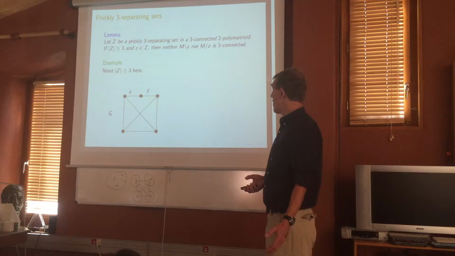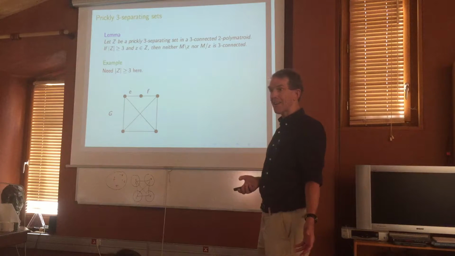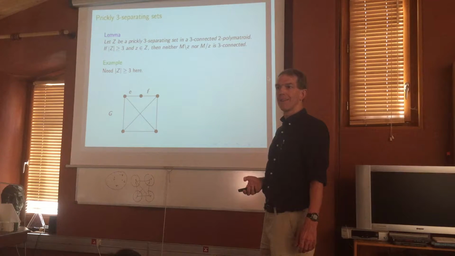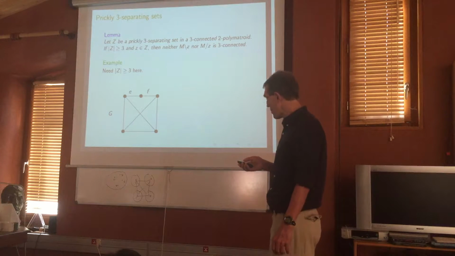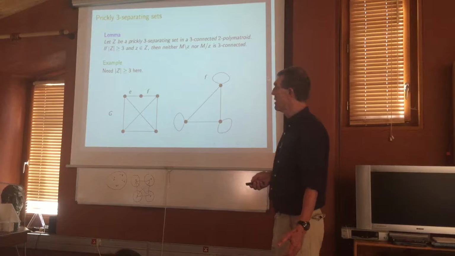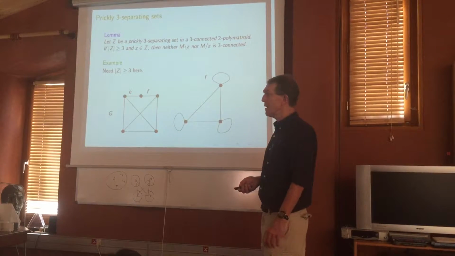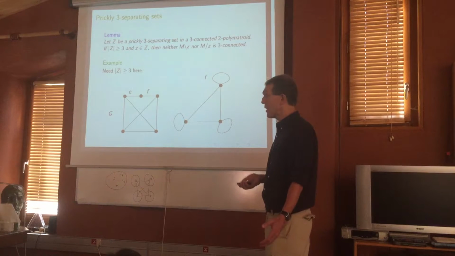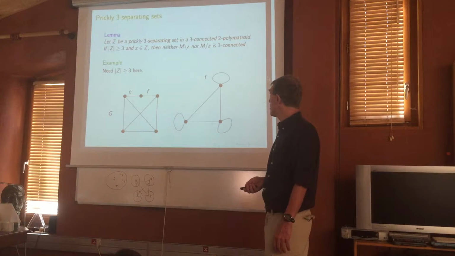What happens if I contract the element E in the Boolean 2-polymatroid? What graph do you get? Triangle with 3 loops. Yes, it's a triangle with 3 loops. And that is 3-connected. Not 3-connected, sorry. That's not 3-connected. Why not?